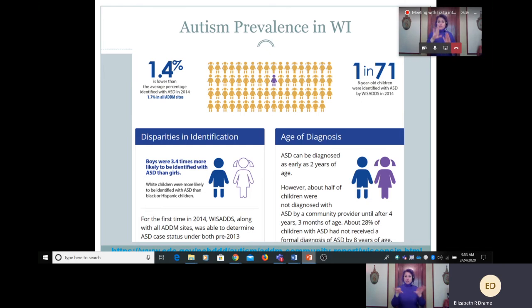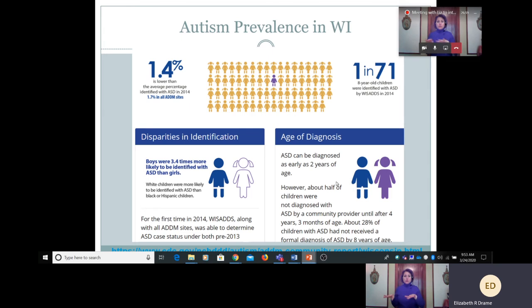In Wisconsin it's a lower prevalence rate, 1 in 71 children. Still, boys are more likely to be identified than girls, and white children are more likely to be identified than Black or Hispanic children.